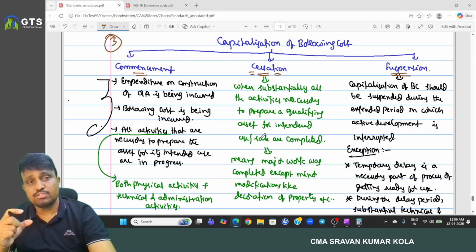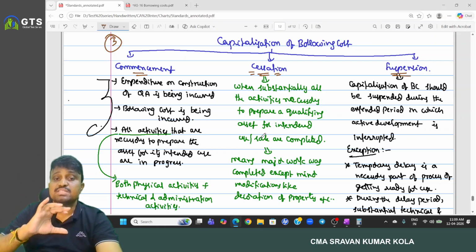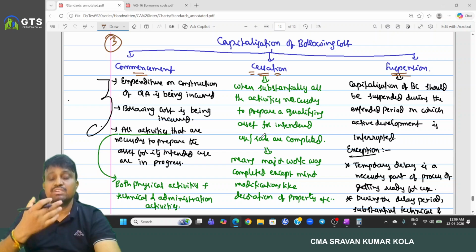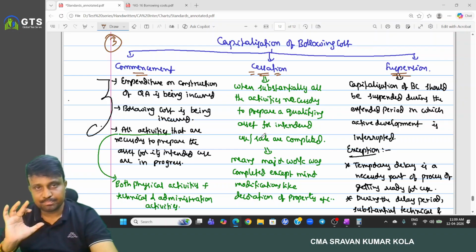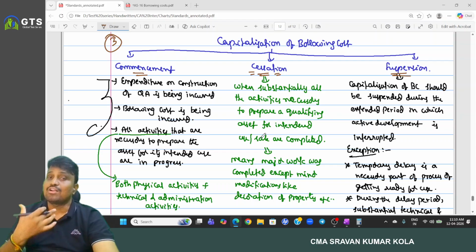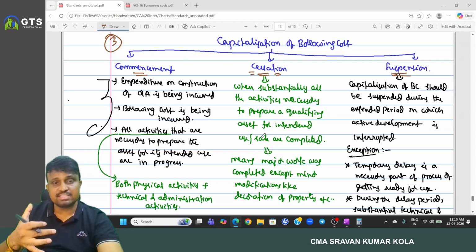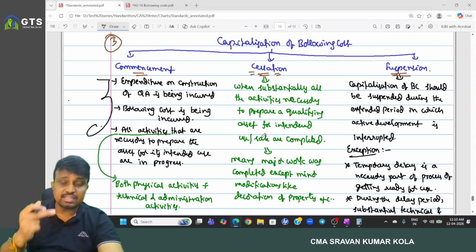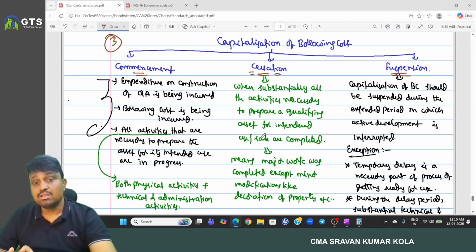The capitalization of the borrowing cost will be stopped only when all activities necessary to prepare that asset have been completed, and that asset has come to be available for utilization, or all activities relating to the preparation of that qualifying asset are over. In that case only, we have to stop the capitalization of the borrowing cost.